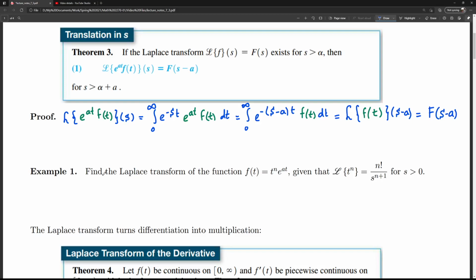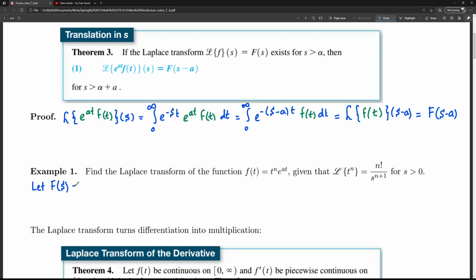So we want to find the Laplace transform of the function f of t equals t to the power n times e to the power at, given that the Laplace transform of t to the power n is n factorial over s to the power n plus 1. So what we'll do is we'll let capital F of s represent the Laplace transform of t to the power n.